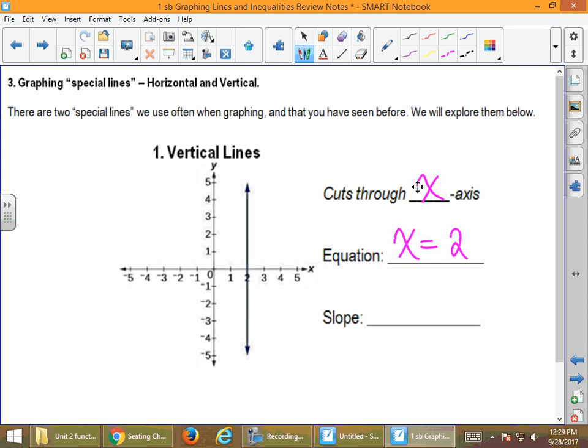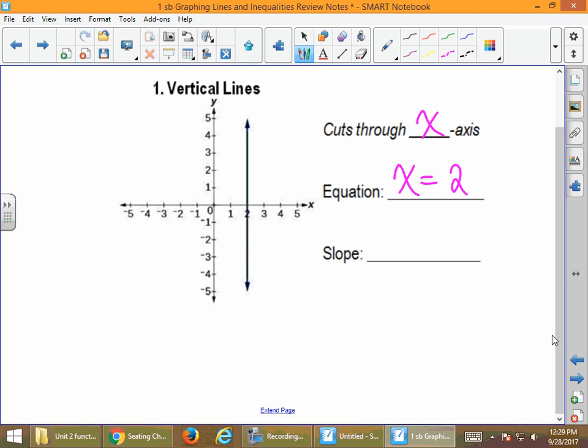Something that you may or may not remember from Algebra 1 is that the slope of a vertical line is undefined. That might be something that you need to memorize. The slope of a vertical line is undefined.